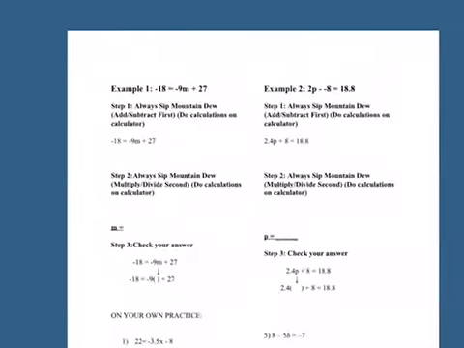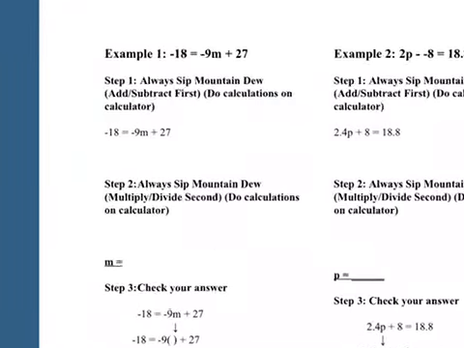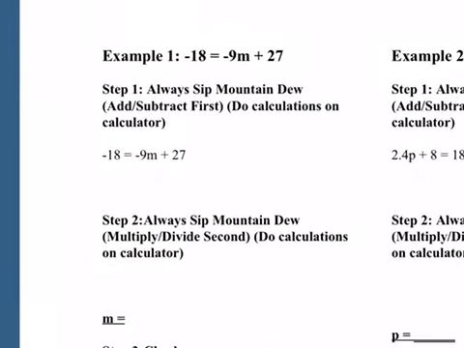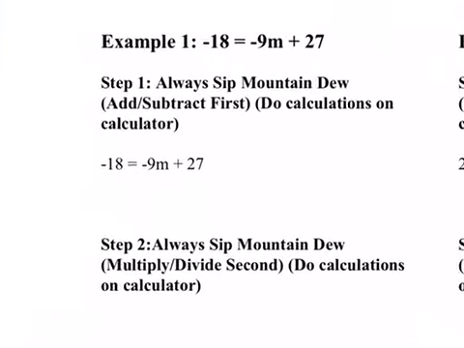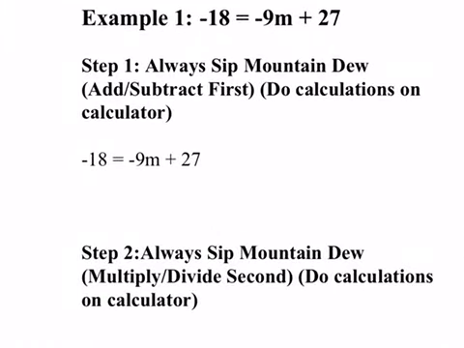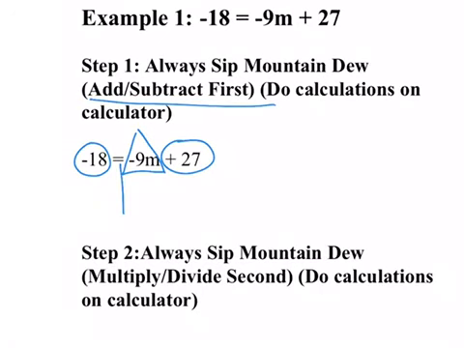On the back, example 1, we've got -18 equals -9m plus 27. So I'm going to do the same thing. I'm going to circle my numbers, triangle around my variables, and I've got to add or subtract first. So again, this guy I can't move, this guy I can't move, so we're looking at this guy.